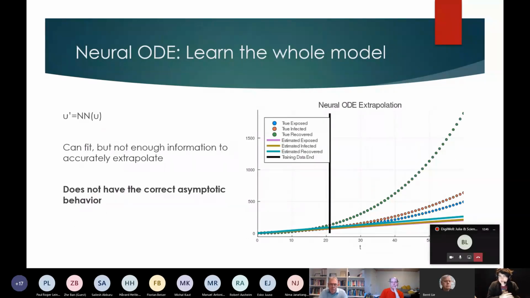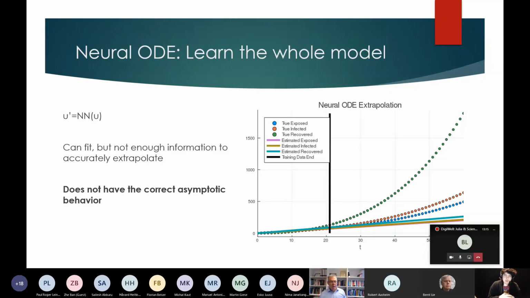The first thing that you can do is say, well, a neural network is an arbitrary function approximator. So if you want to learn what the ODE is that you're solving directly from the data set, then you can just say U prime equals neural network. If you put that neural network inside of the differential equation solver, which is something that we'll describe a little bit later, exactly how the training is done, we can just embed neural networks inside the differential equation solver.